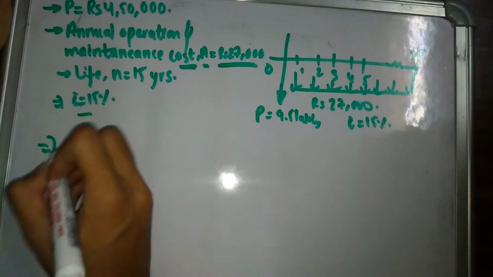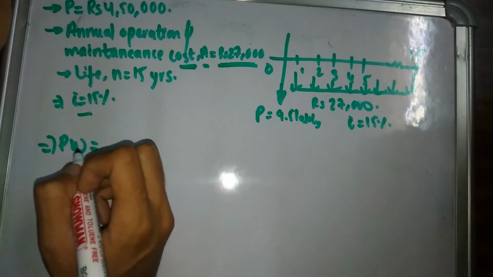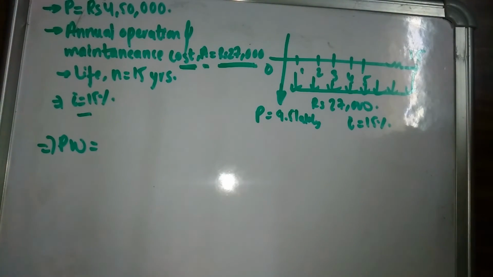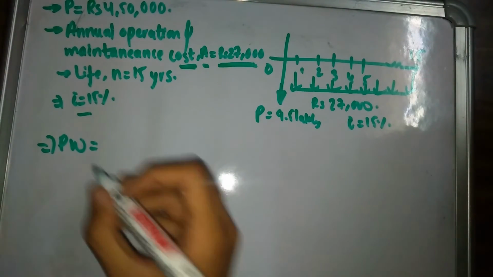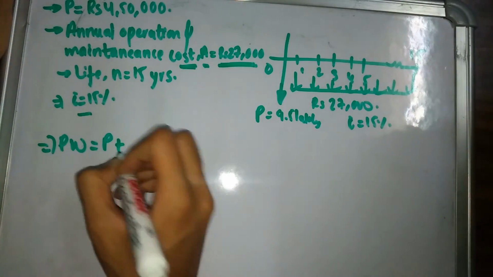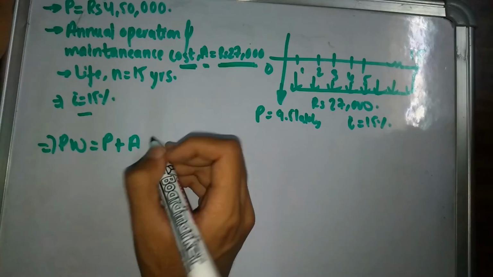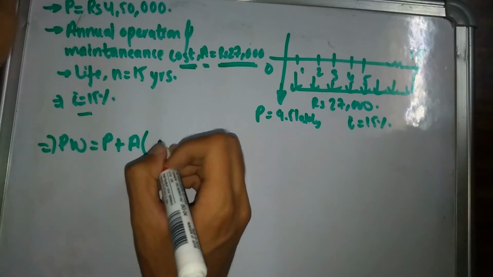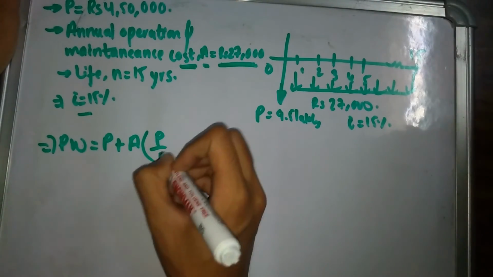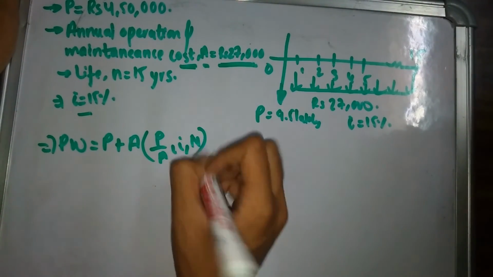As you can clearly see, this is my cost dominated cash flow diagram, and in my cost dominated cash flow diagram I'm going to treat my cash outflows as positive. So it's going to be P plus A. A is my annual cost, so I need to convert this A into its present value, P by A, I comma n. I explained this previously.